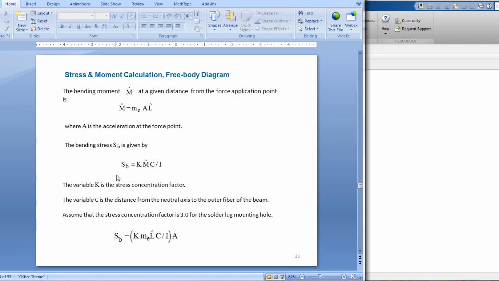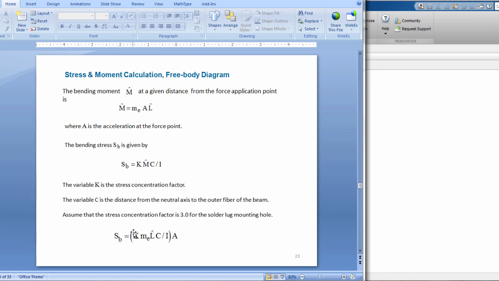Then we're going to multiply by c, where c is the distance from the neutral axis to the outer fiber of the beam. Then we're going to divide by the area moment of inertia. And for our case, for the solder lug or solder terminal mounting hole, we're going to assume that the stress concentration factor is equal to 3.